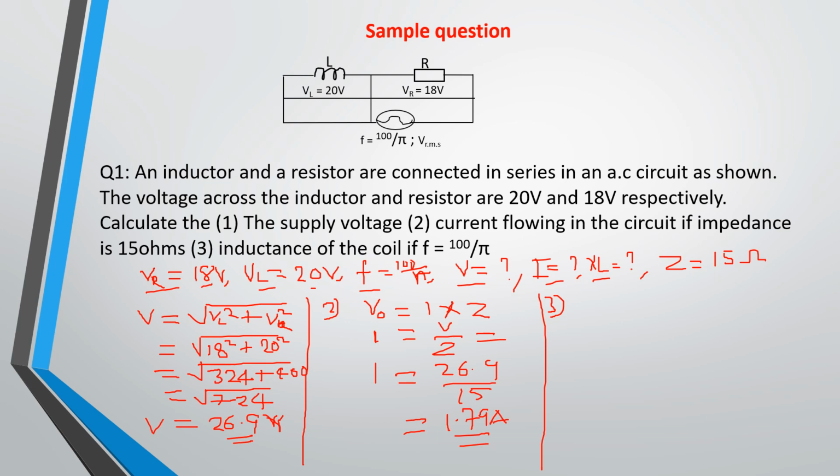Okay, because here we have the voltage of the inductor, and then we have the current that is flowing through the coil. This is the current that is flowing through the system.